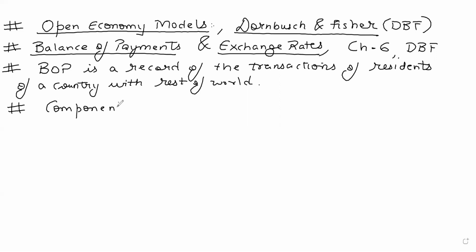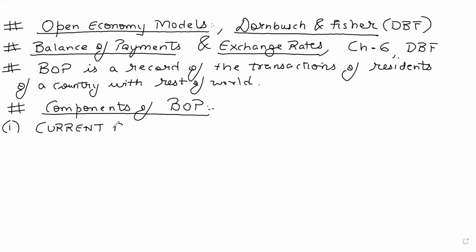Now, let's look at the components of the balance of payments. The first account we have is called the current account. We have done this in our introductory macroeconomics course, so it's going to be a revision in this lecture.